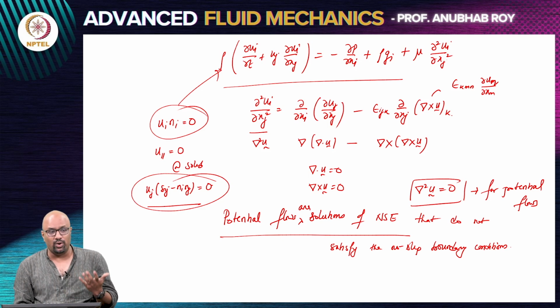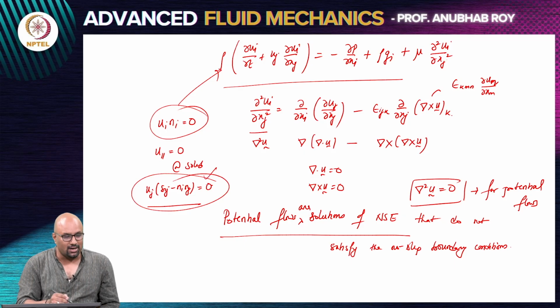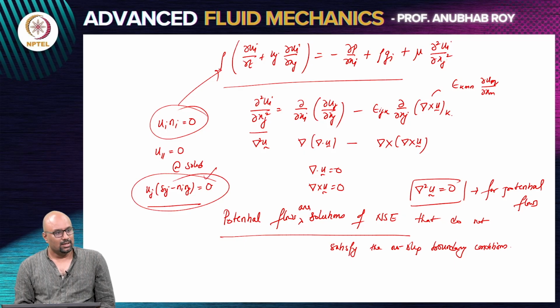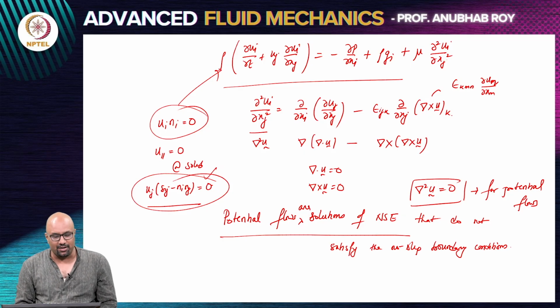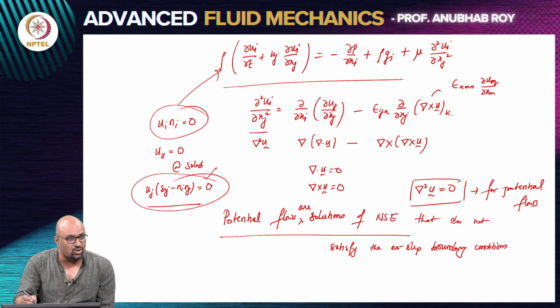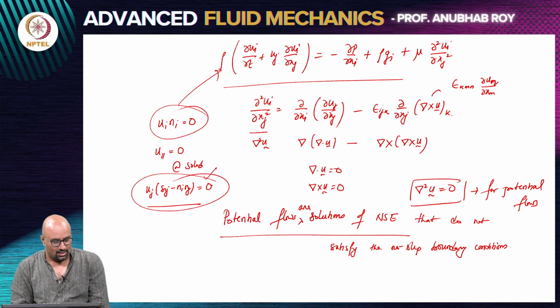So, you say the flow is potential everywhere other than near solid surfaces, where you need corrections to the solution that take care of this particular boundary condition. But away from boundaries, they are exact solutions of your Navier-Stokes equation. So, this is an important point which often helps us in understanding solutions of the full Navier-Stokes.